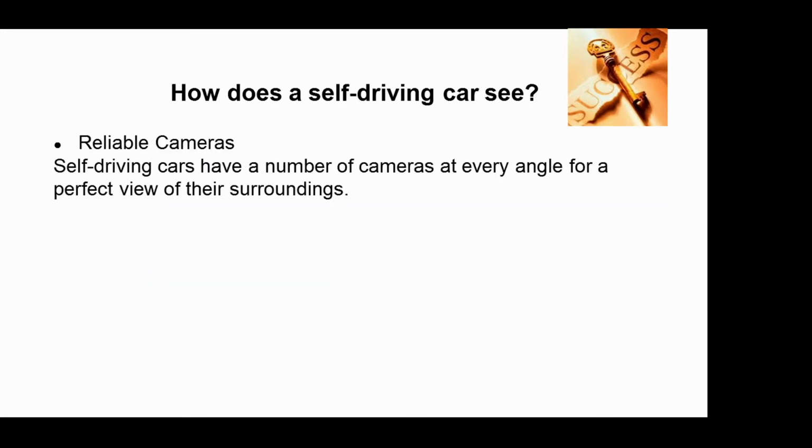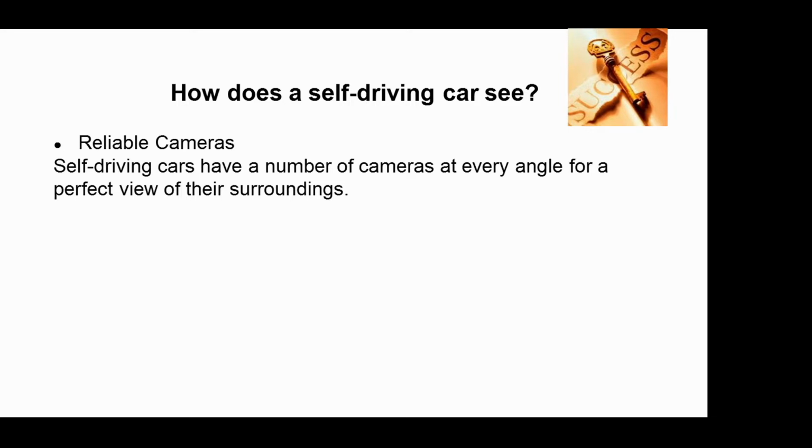So how does a self-driving car see? With the help of reliable cameras, where the high definition cameras are placed at every angle. At least there is a requirement of 8 to 10 cameras. Minimum requirement is 8 to 10 cameras, and they are installed at every angle, so that a perfect or clear view of their surroundings can be captured.